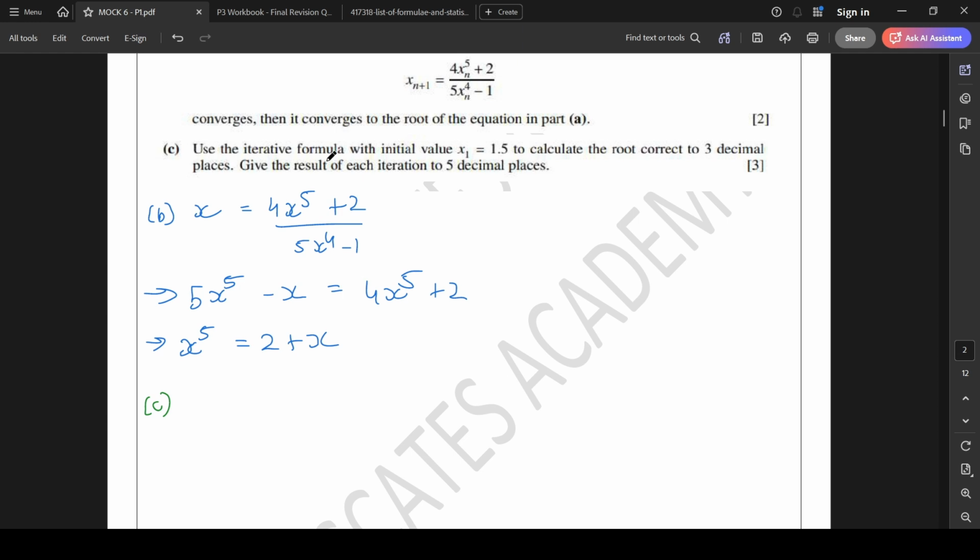So here we are asked to use this iterative formula with the initial value of x1 equal to 1.5 to calculate the root of this equation correct to 3 decimal places, giving the result of each iteration correct to 5 decimal places. So I always recommend for students to show at least 1 or 2 iterations completely, and then you can just write your answers from the calculator directly.